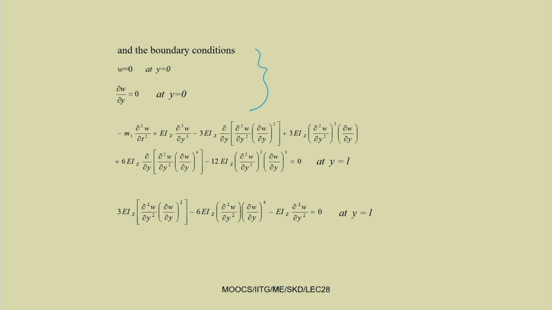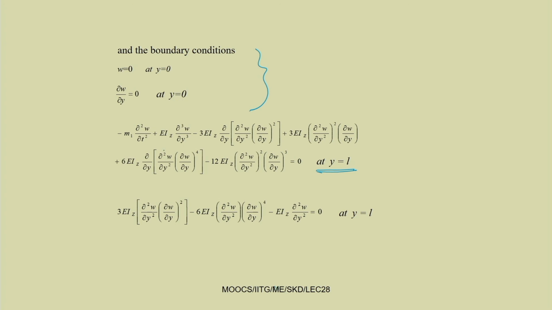As we are keeping the mass at the end, that is at the tip, the inertia force will come in at the end. That is why the boundary conditions at the free end can be written in this form: minus m1 del square w by del t square plus E I del cube w by del y cube.